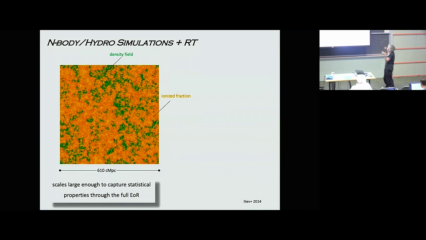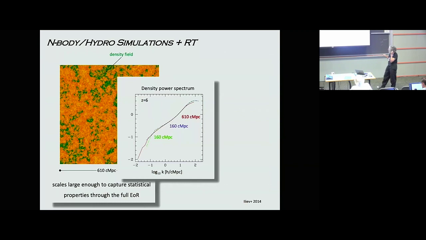So these scales are really large enough to capture also the statistics of reionization towards the end of the process, where you have the dimension of the ionized regions, which can be tens of megaparsecs. And so from a statistical point of view, it contains much more information, is more accurate than smaller boxes.